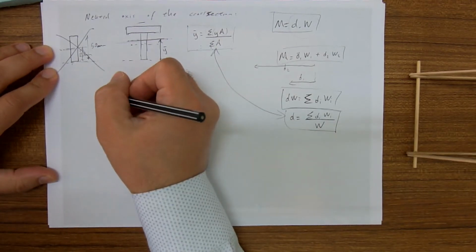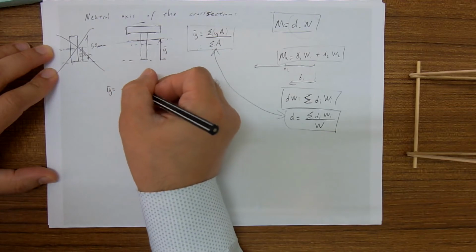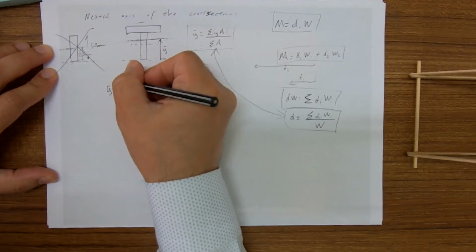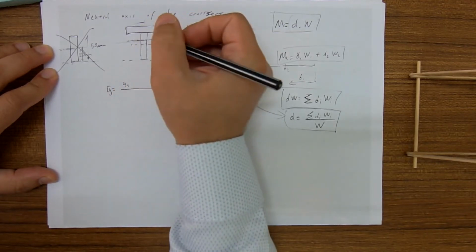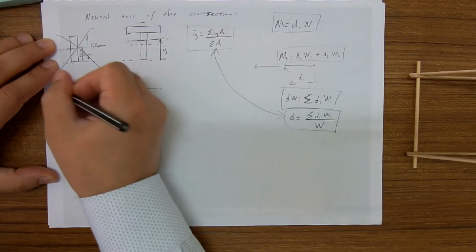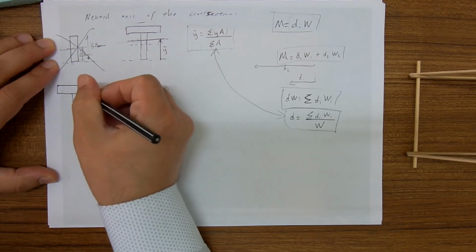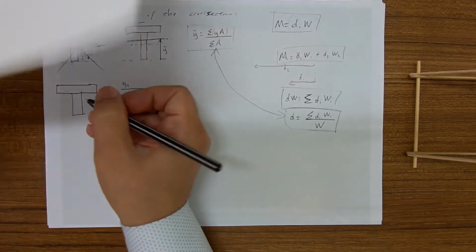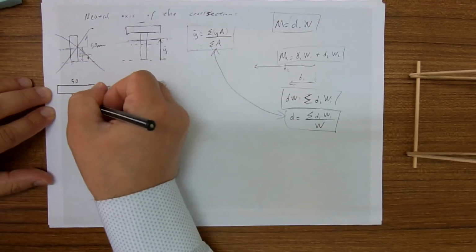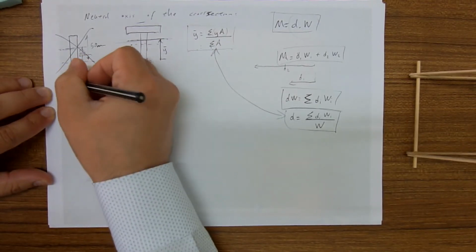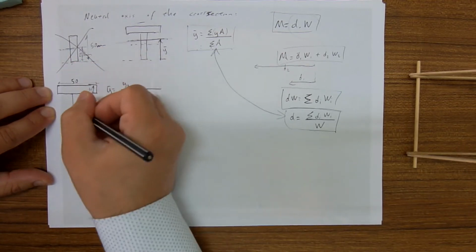Okay, so y bar is equal to y1. So let's draw it here again. Our dimensions were 50 here, these are in millimeters, and 10.